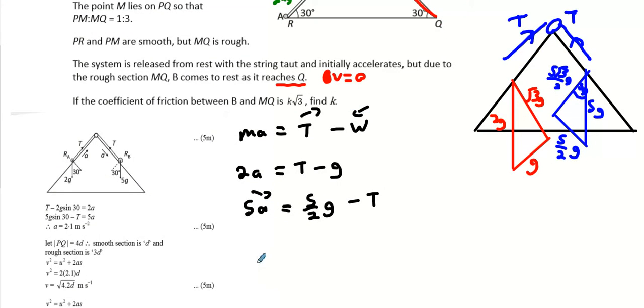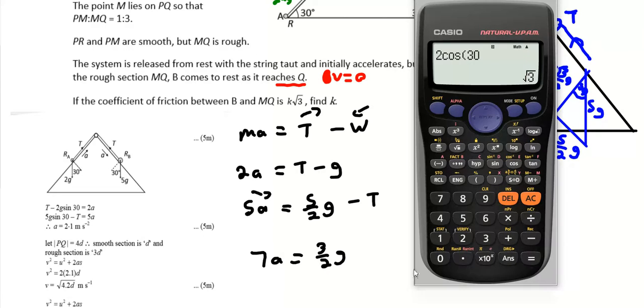We can add them together and we get 7A equals 2.5G, take away G, which would be 1.5G, or 3 over 2 G, which with G as 9.8 is 14.7 divided by 7. Our acceleration is 2.1. Okay, so far so good.